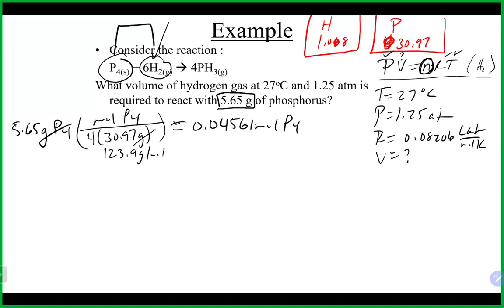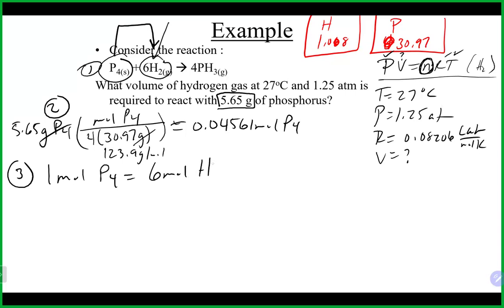So that is really where the stoichiometry comes into play. That'd be like our third step here, that'd be like our second, and this would be our first. So from the equation, we see for every 1 mole of P4, we get 6 moles of H2. So that conversion factor is going to allow us to get to H2.